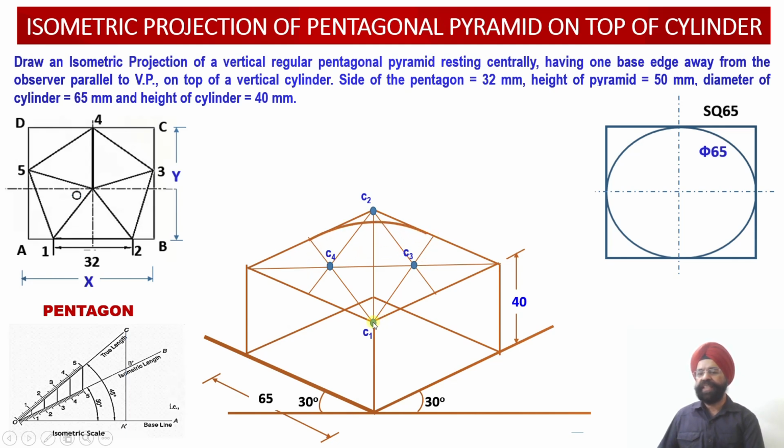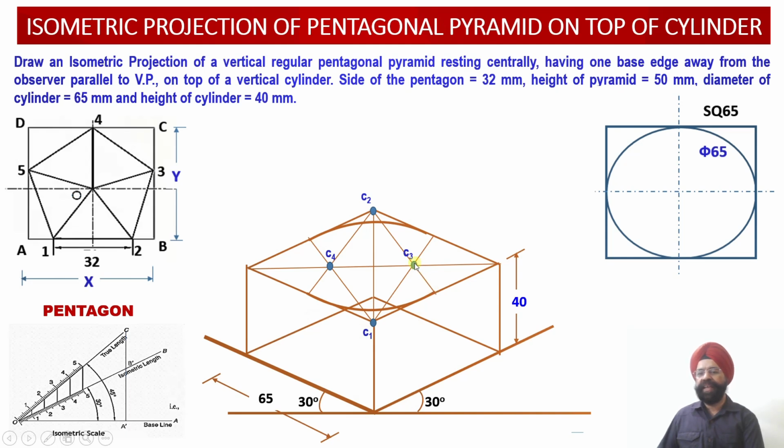Similarly, now with C2 as the center, I will be opening my compass equal to this radius or this radius. Both these radii will be equal. So with C2 as center, I am going to draw the second arc over here, right?